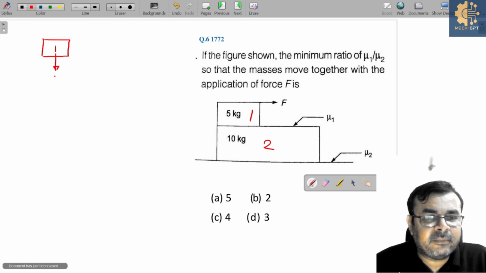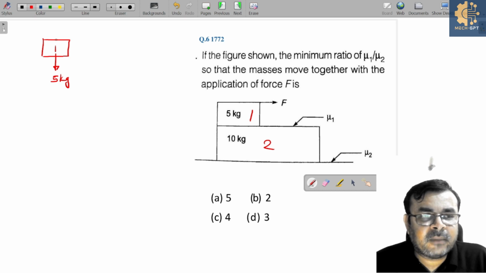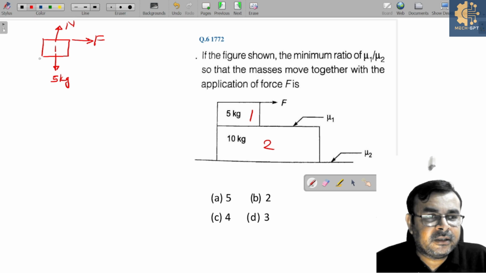So let's say this is 5 kg. I'm not converting this mass into force, and this is normal reaction N. And obviously one force applied to pull this block is F, and since this block is moving towards the right, frictional force is acting somewhere here. Yes or no?